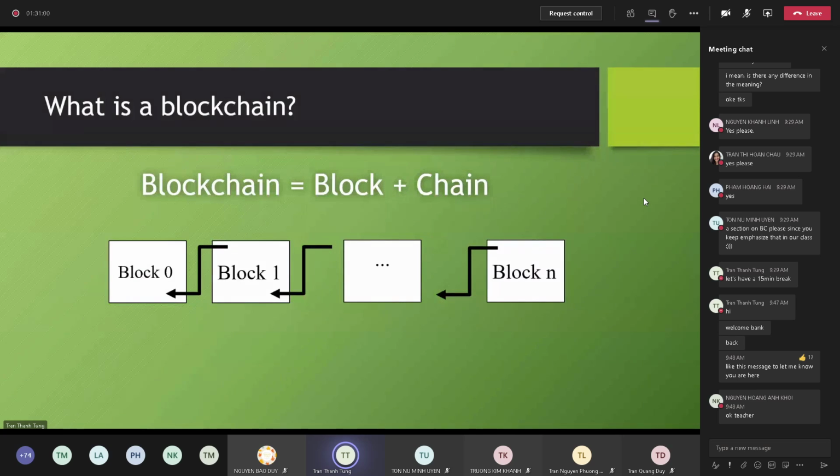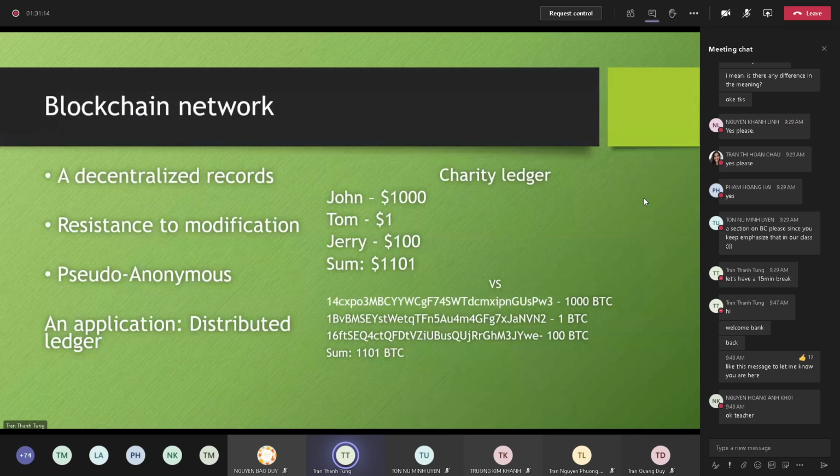There are a few things. First of all, the blockchain has each block link back to the previous block. One of the properties of blockchains is, first, we have decentralized records.